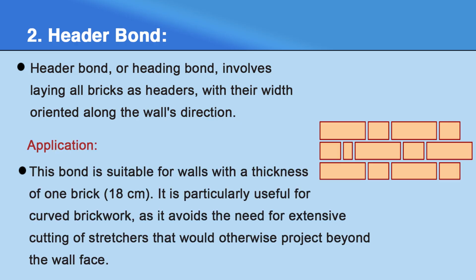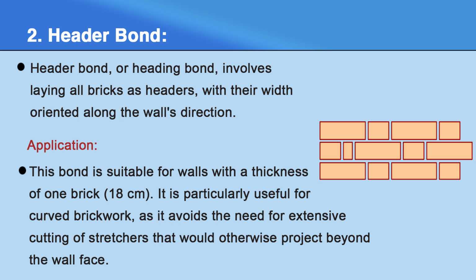Now, comes the application of the header bond. The header bond is particularly well suited for walls that are 1 brick thick, that is directly the thickness of the brick is going to serve the purpose.